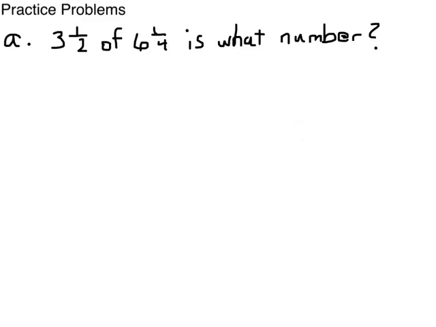Alright, so let's do your practice problems. More of the same. 3 1/2 of 6 1/4 is what number? Here again, this is already set up for us. All we have to do is find n. Do the math and find n.